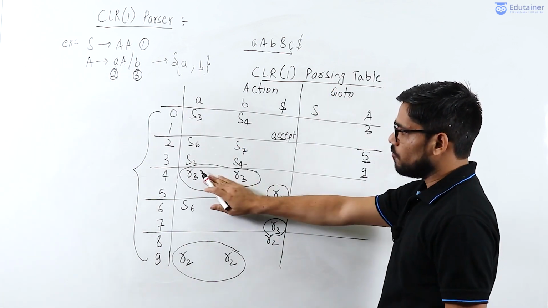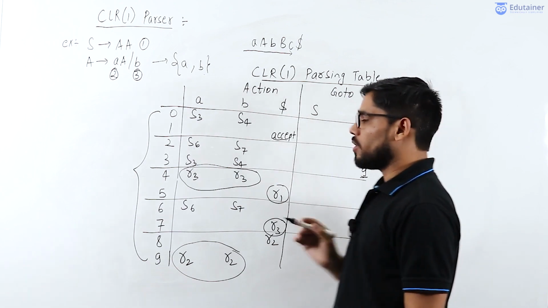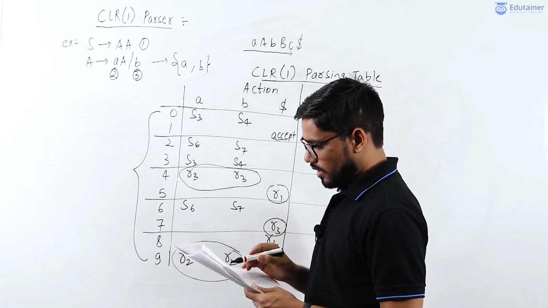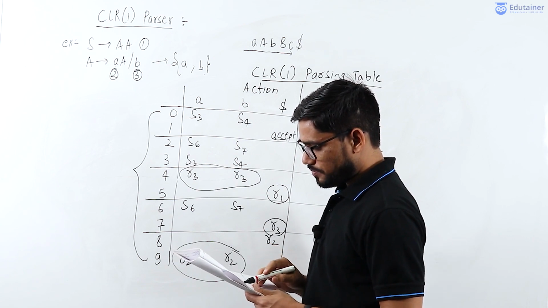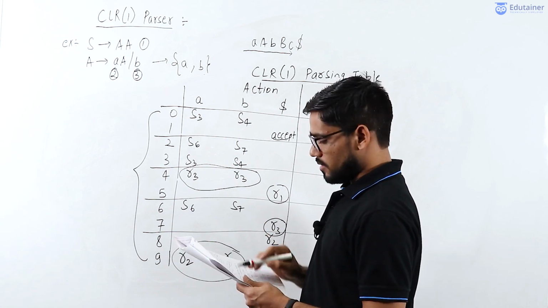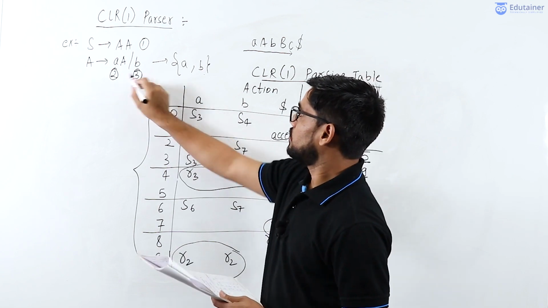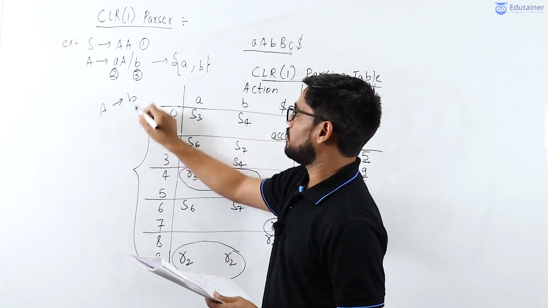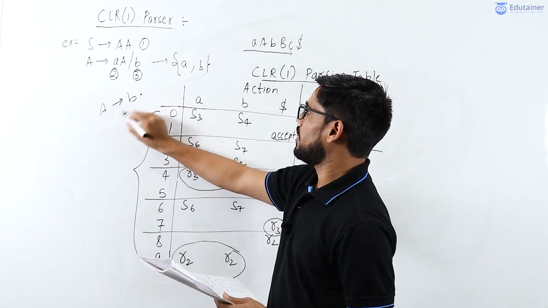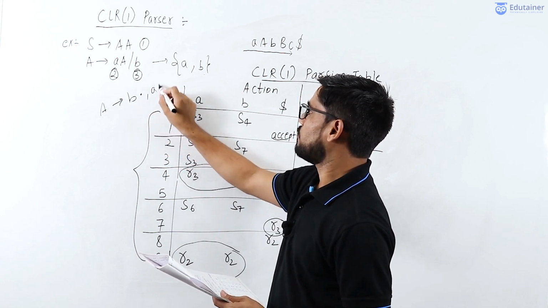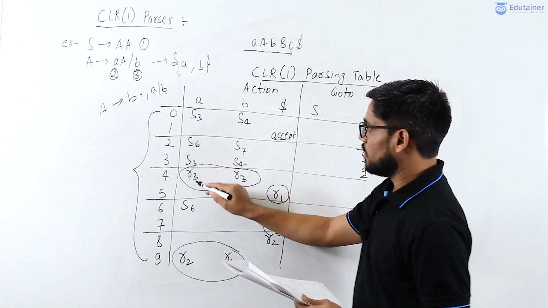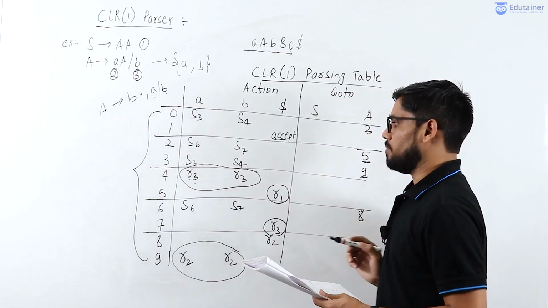The reduce move will be placed only on the look ahead symbol. Okay, means if you consider state number 4, it is A derives b dot, and the look ahead symbols will be a and b. So that's why I have placed R3 in column a and column b.